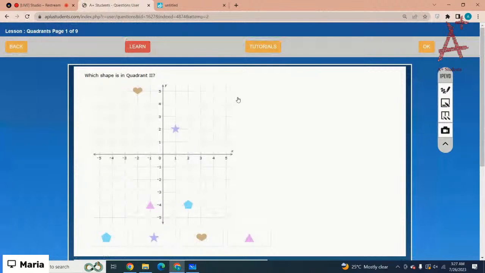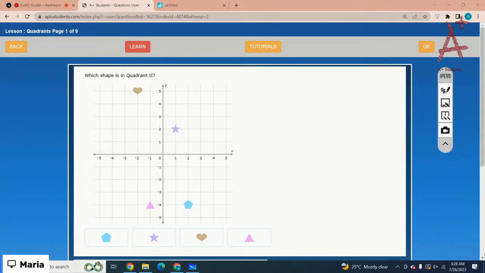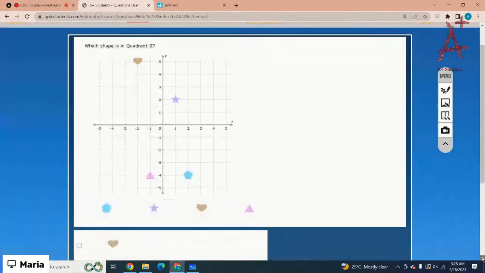Okay, which shape is in quadrant 2? So which is the correct option? This is quadrant 1, this is quadrant 2. So in quadrant 2 you have the heart. So the correct option is this one. So in the second quadrant, the correct option is heart.